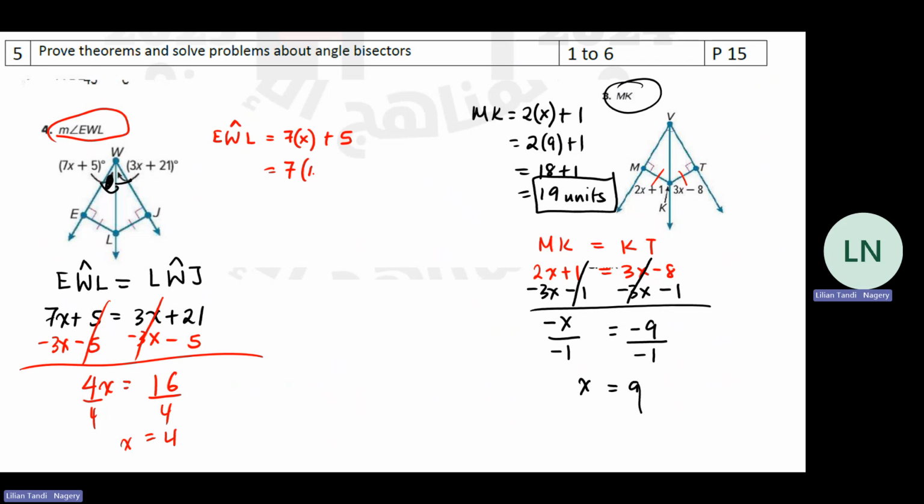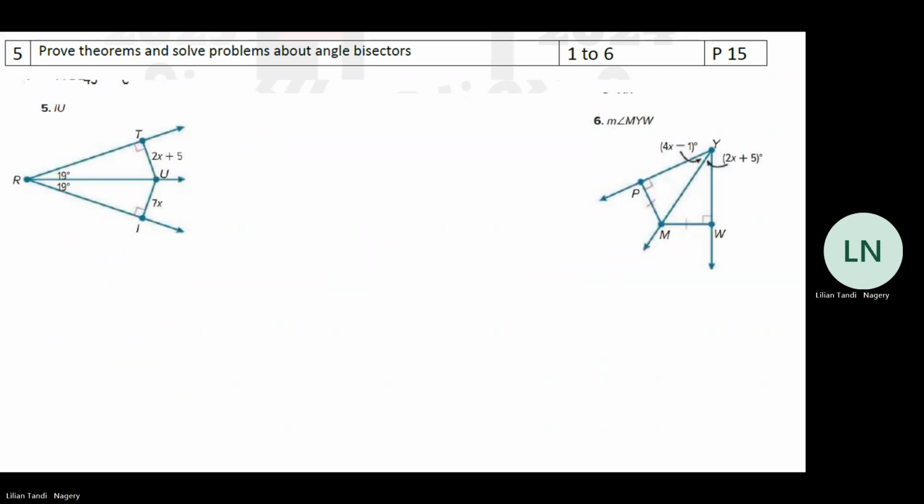So 7 times 4 plus 5 is 28 plus 5, which is 33. Okay? So that's my answer. And because it's an angle, the degree is the unit. All right, so let us move on.